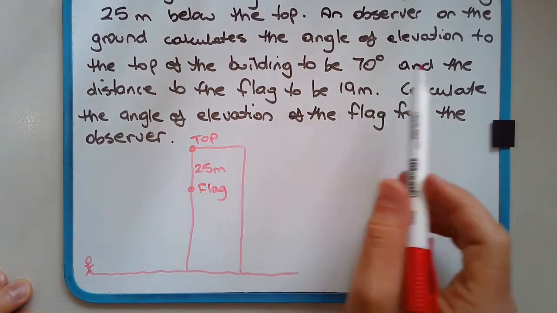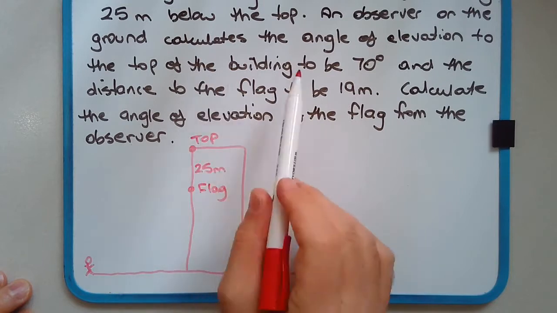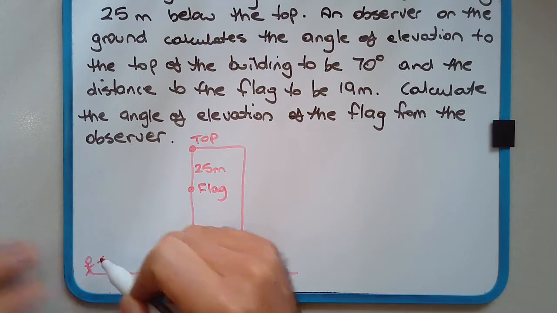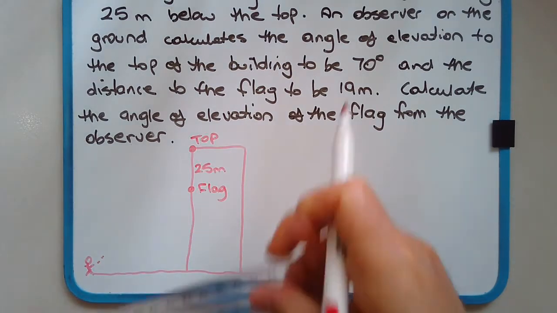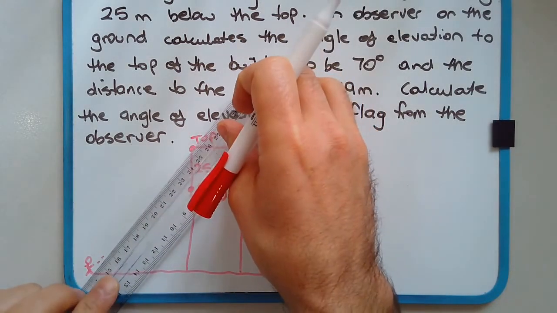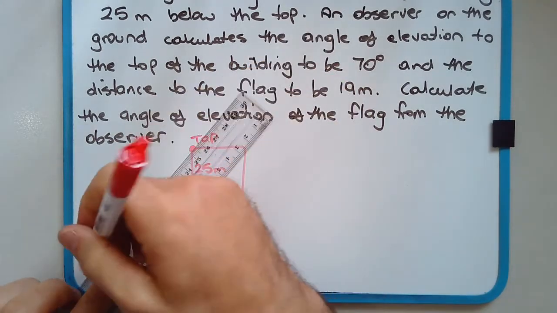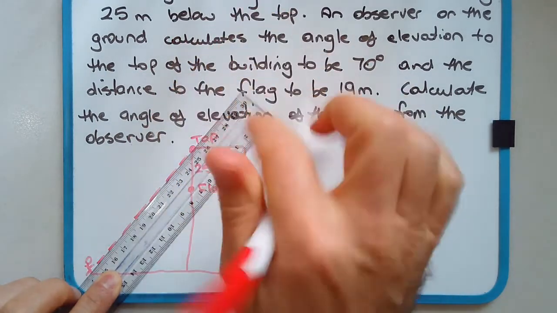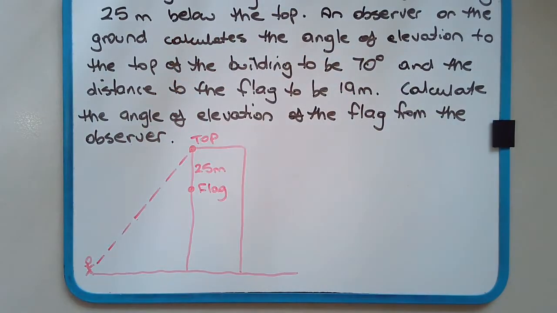We also have the angle of elevation from the observer to the top of the building to be 70 degrees. In fact, I'll use a ruler for this one. Hopefully I don't smudge the ink. It's always the problem with this whiteboard ink. It smudges very easily. So we know that that is 70 degrees. And we also know that the distance from the observer to the flag is 19 meters.